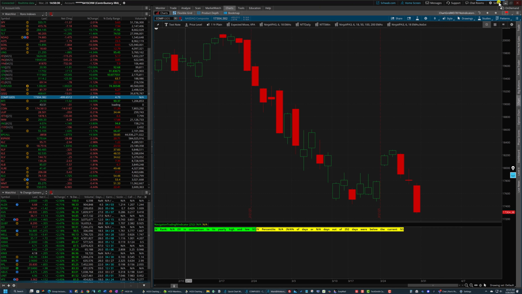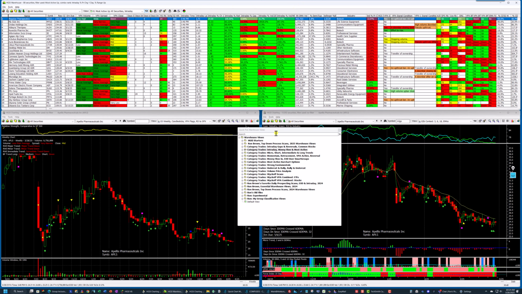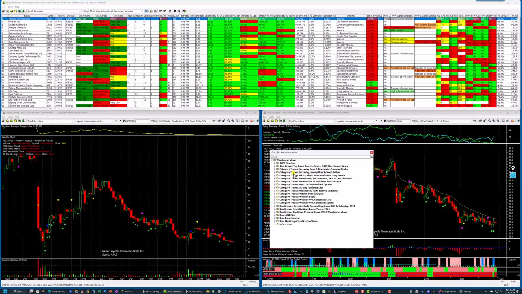But anyway, it's been brutal, and what I like to do is I like to be in HGSI and use the scans that I've created and look at money flow. These are my scans right here, and I like to go into the second category.